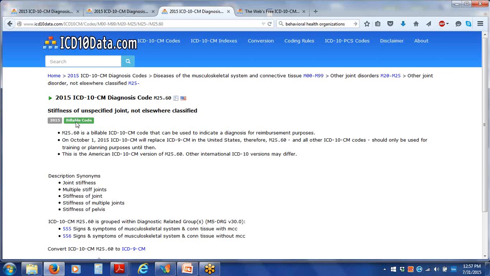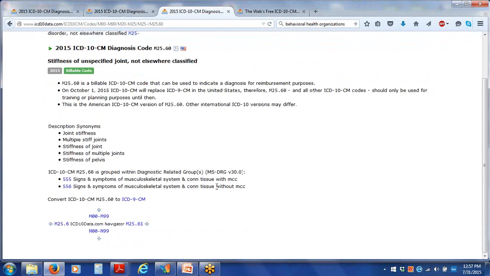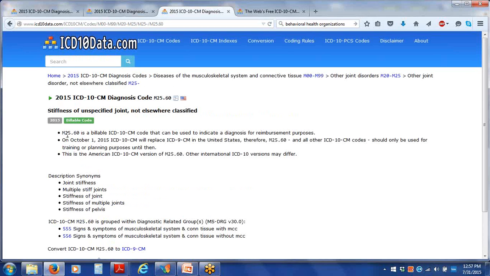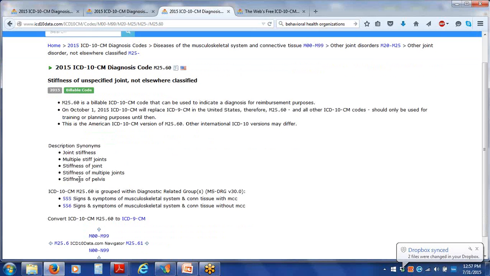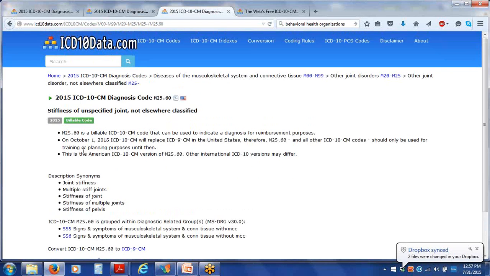However, it is a billable code, and it does tell you it can be billed. However, beware, because if you use the M25.60, then you're going to probably have some issues if you would want to describe a specific joint.